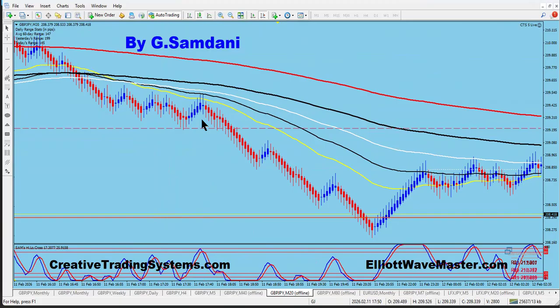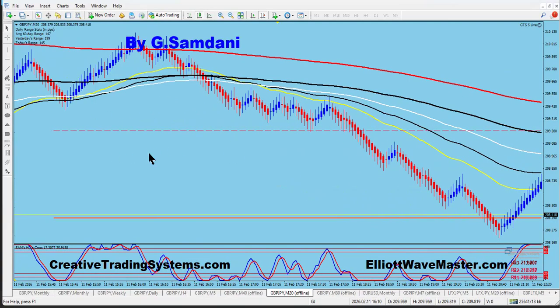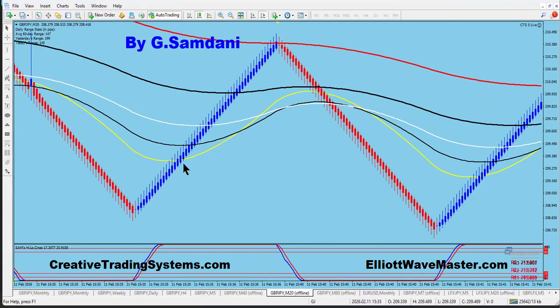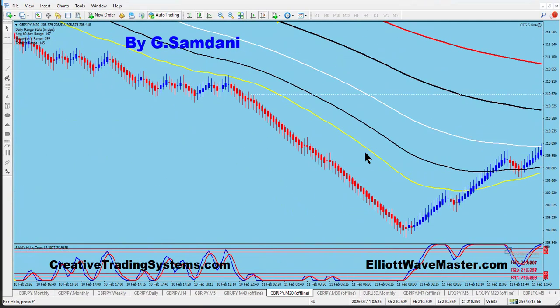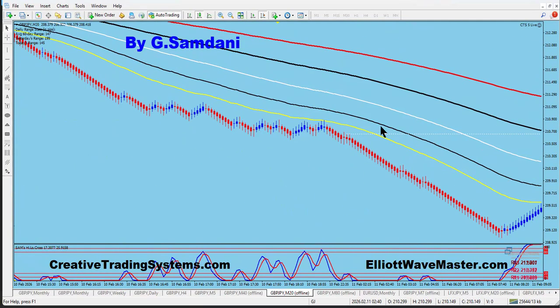So even 10, 25 pip means 250 pip losses, right? But count my winners. How many pip? More than 1,000, a couple of thousand, right? That's the math. Then you can do it, right? So yeah, I have SL hit. A lot of SL hit means like if I have 27 trades, then maybe I have like 12 to 15 SL hit.